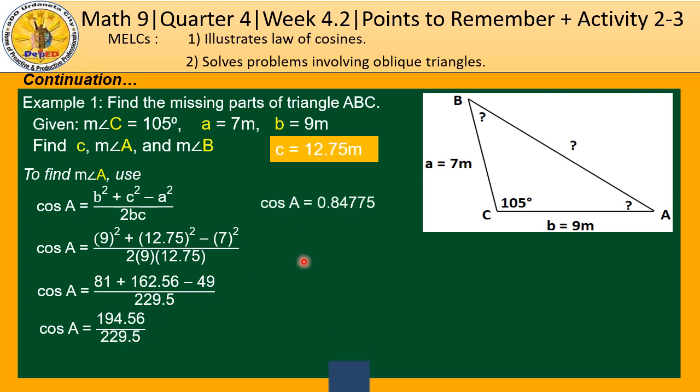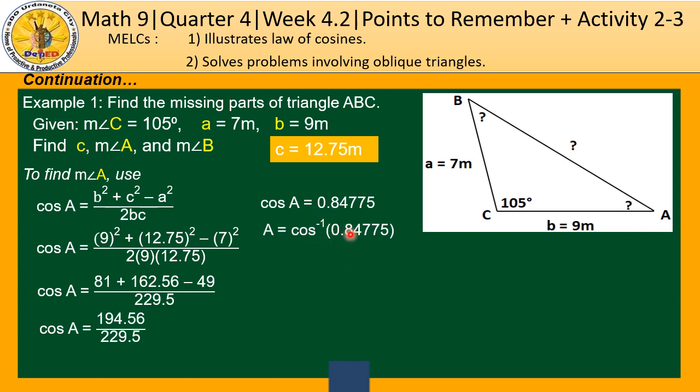Then let us simplify this one. We are going to make this a decimal. So this is 0.84775. This is not yet the answer because we are looking for A. So we will get the arc cosine, or the cosine inverse, of this value.